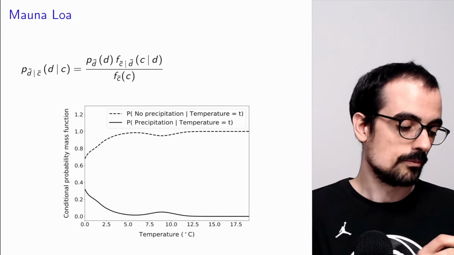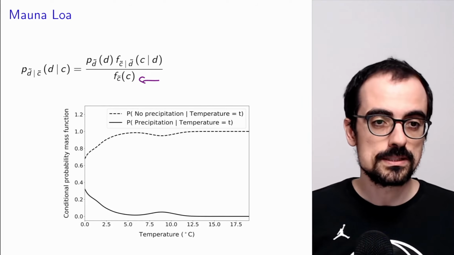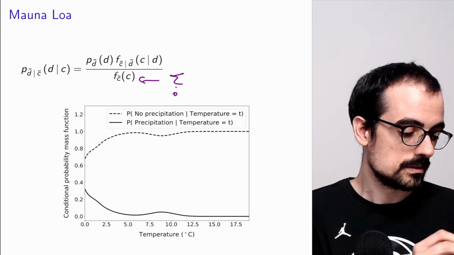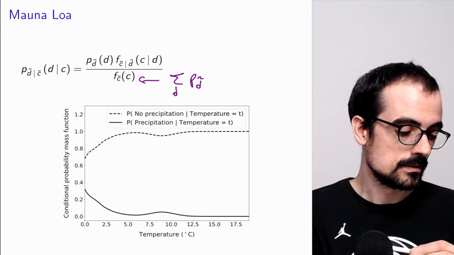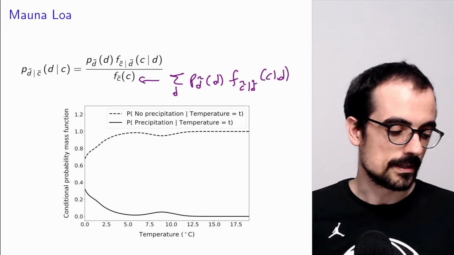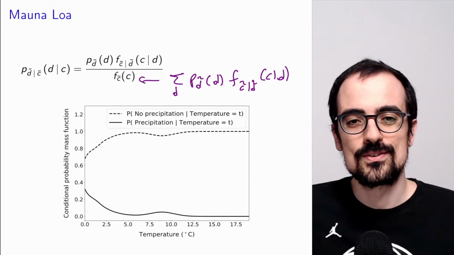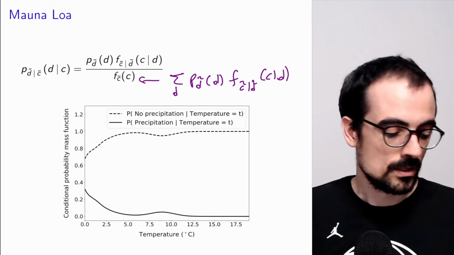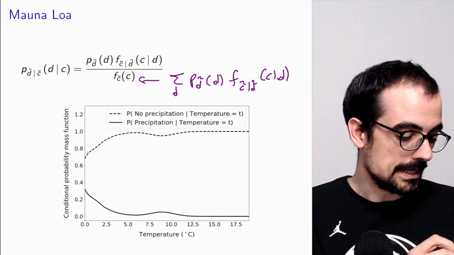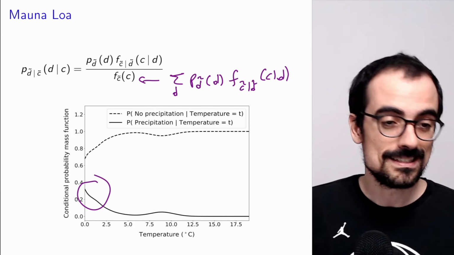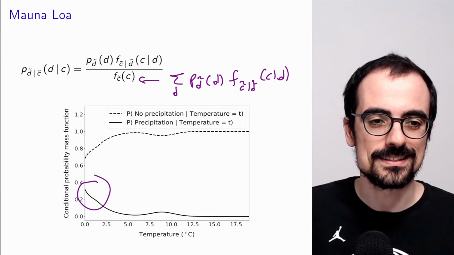Remember that this guy, by the way, we can obtain by just summing this guy up here over D. Maybe I should have written this, but this is from the previous video. We know how to compute that. Okay, so when we do this for our example in Mauna Loa, we see that at low temperatures, the probability of precipitation is actually relatively high, higher than 20%.